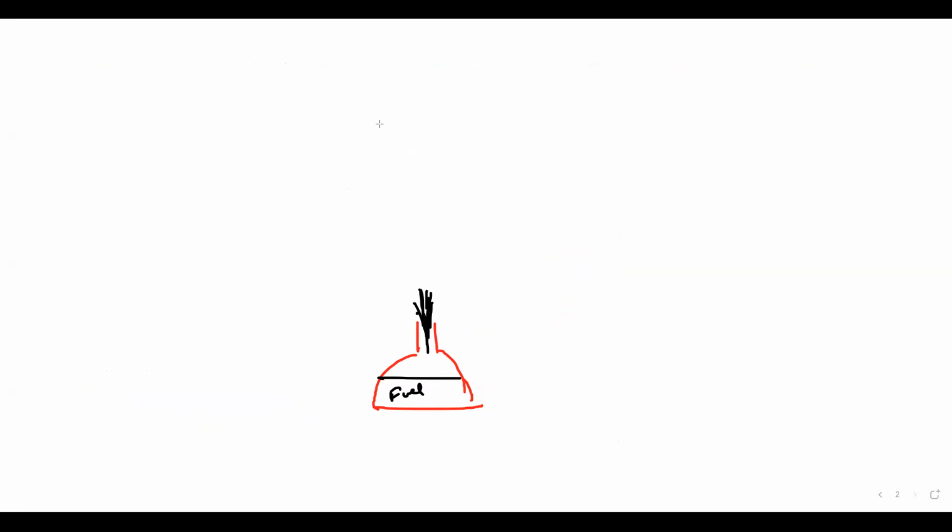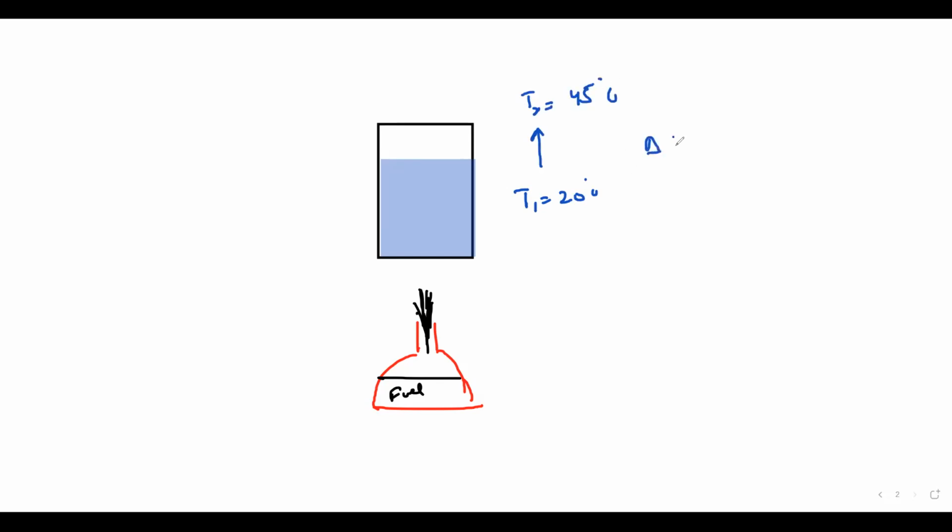We use this heat energy, released by the combustion of the fuel, to increase the temperature of the water. For example, the initial temperature of the water is say 20, but when the fuel burned completely, the water temperature rises and its final temperature is, for example, 45. So we can calculate the temperature change by taking the difference of 45 minus 20, which equals 25 degrees centigrade. That's the temperature change of the water.